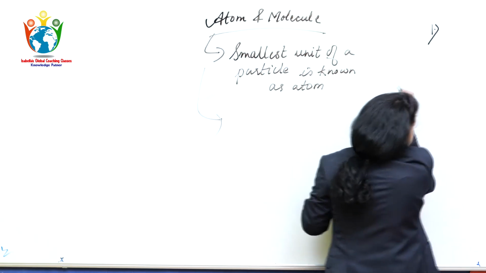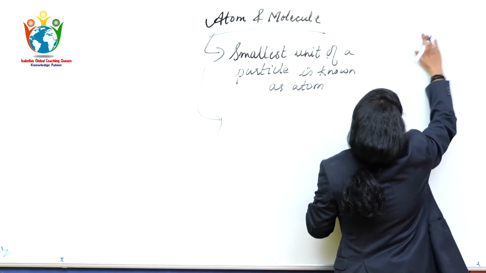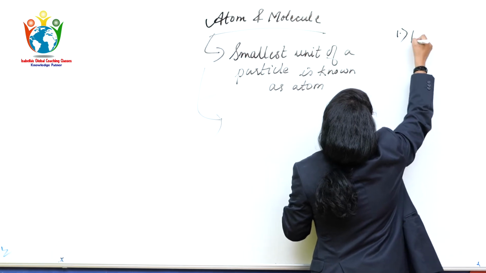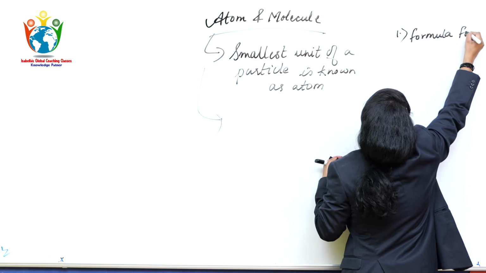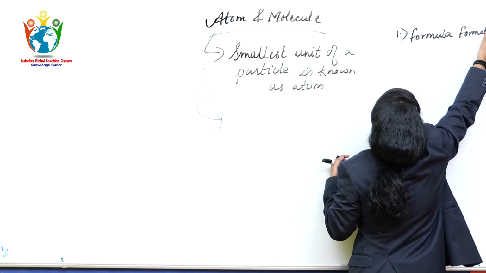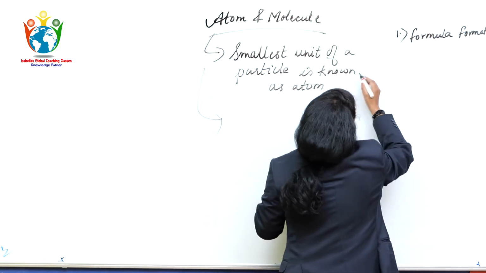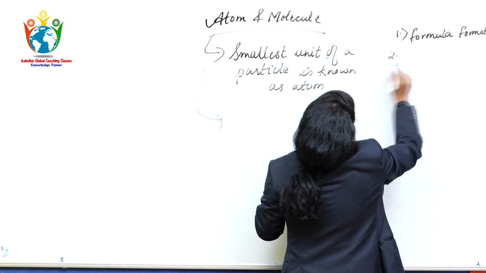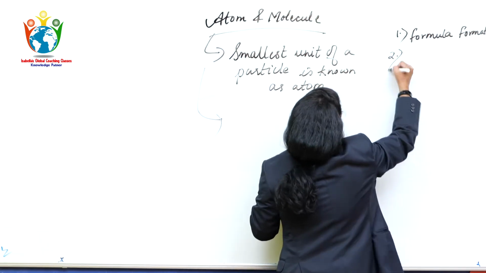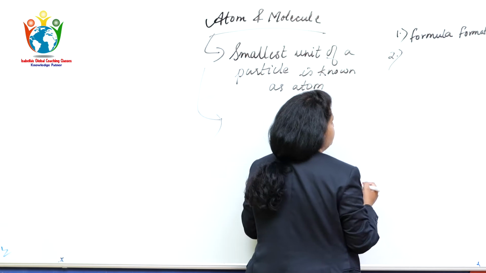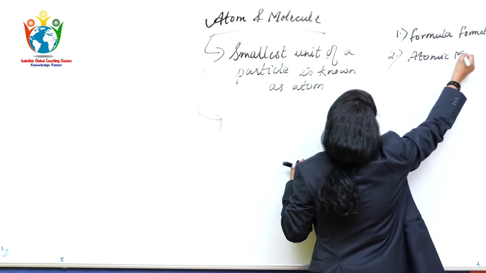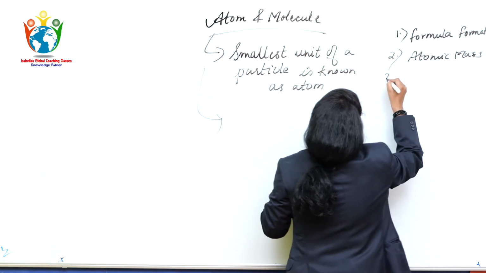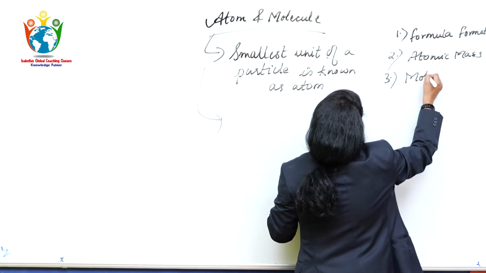First thing, okay, I will write down here. Formula formation. It is ION. Okay, it is well understood. Now, next topic which we are going to focus on is atomic mass. Third is molecular mass.